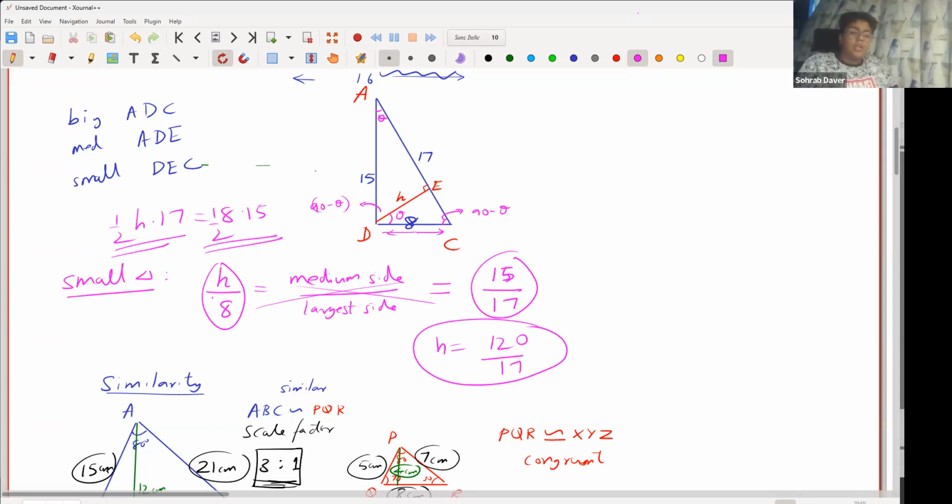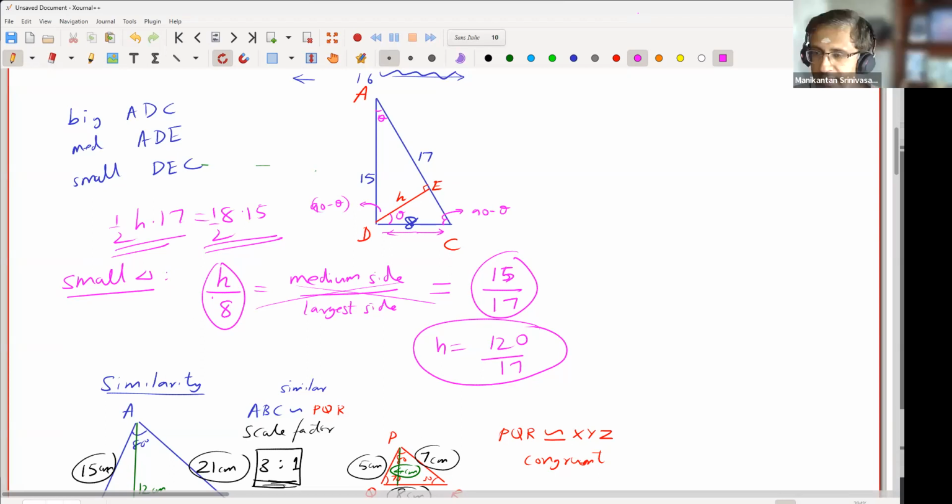So why did we do H upon 8? It's a ratio, that's all. What is your question? Why did we do H upon 8? Yeah, H upon 8, because I want to bring the connection between the small triangle and the big triangle.